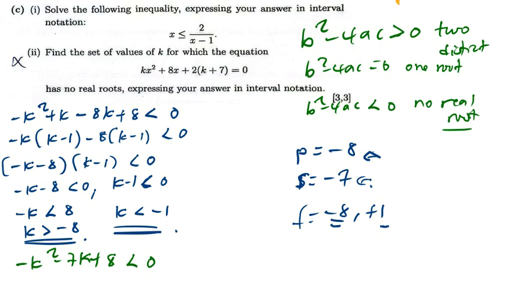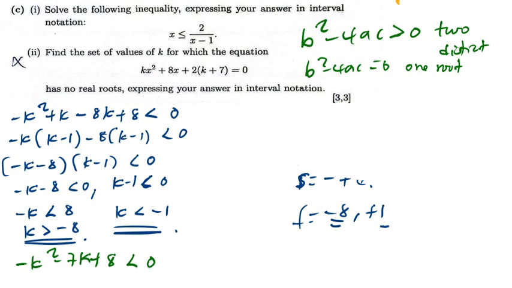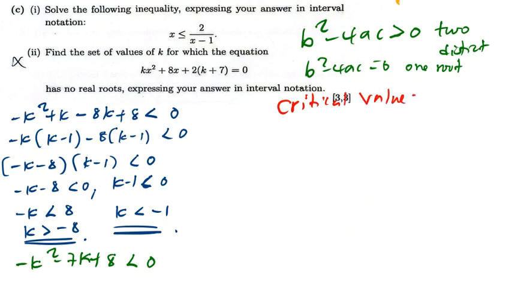In this case, I can clearly see that I have got my critical values, which are 2. So k is negative 8 and 1. Come up with a table.